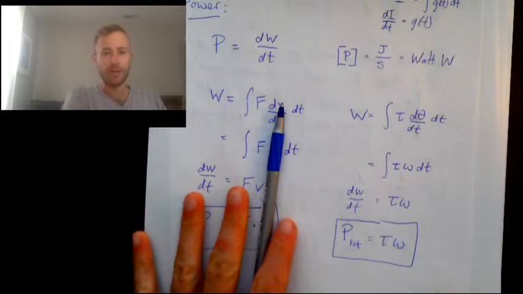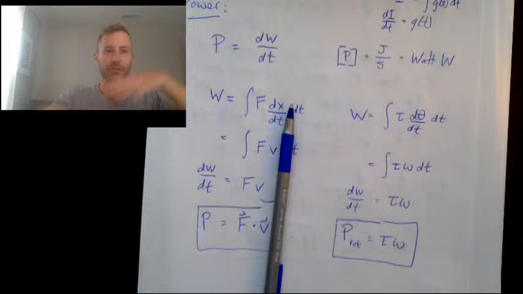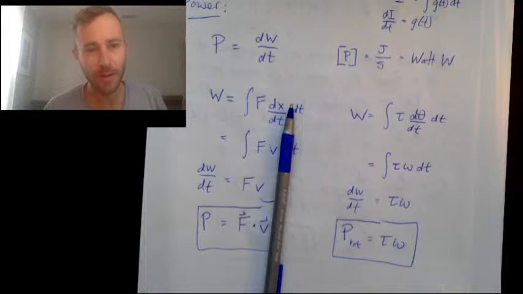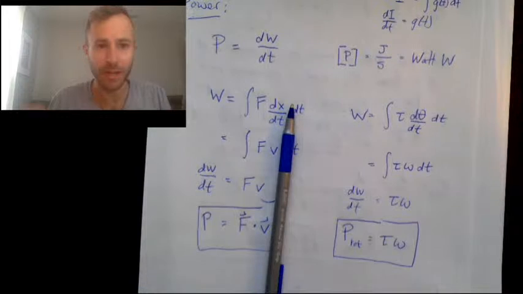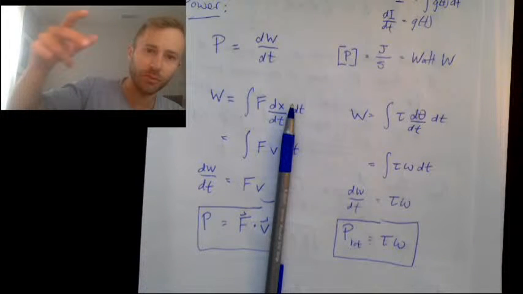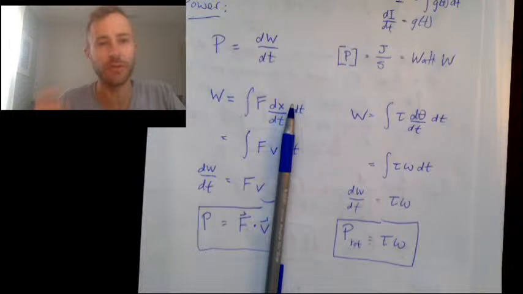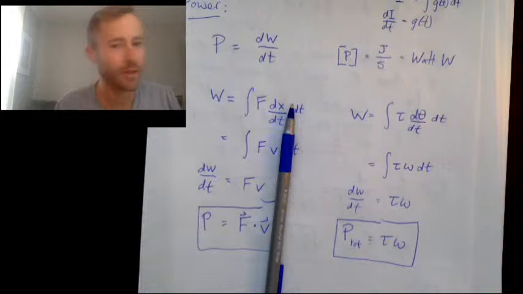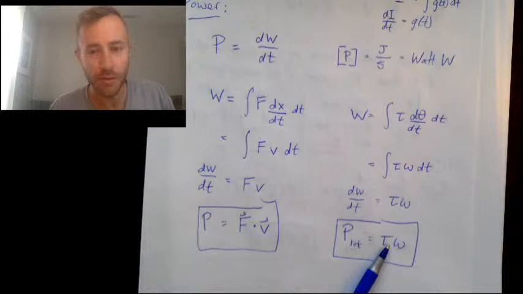So different gears are giving you different pedaling rates and you're applying different torques. And there's a certain gear setting where you have the maximum power. And so that's the gear that you would want to set your bike at in order to ride as efficiently as possible. Same thing with cars. If you put the car in the right gear to maximize the torque output of the engine times rotation rate.